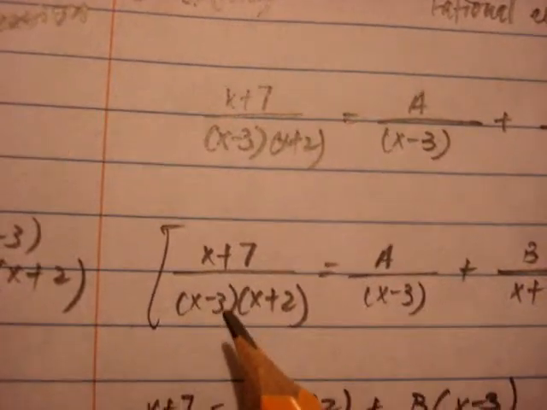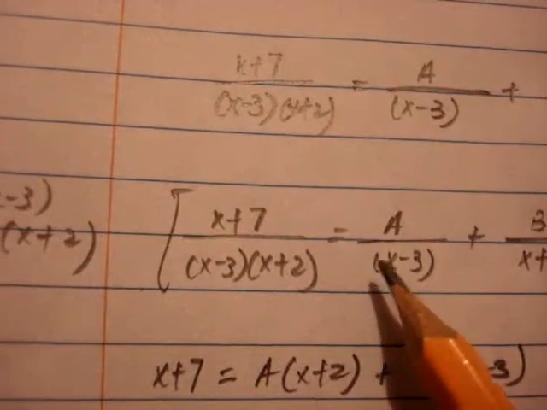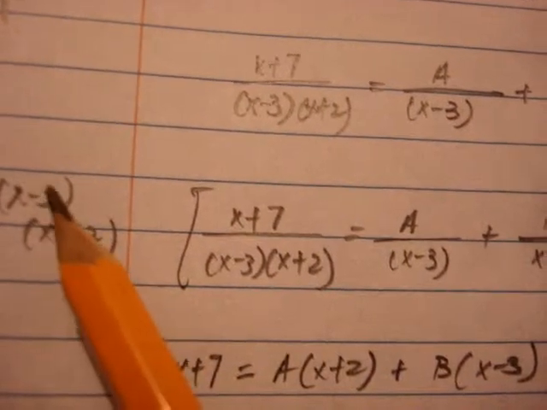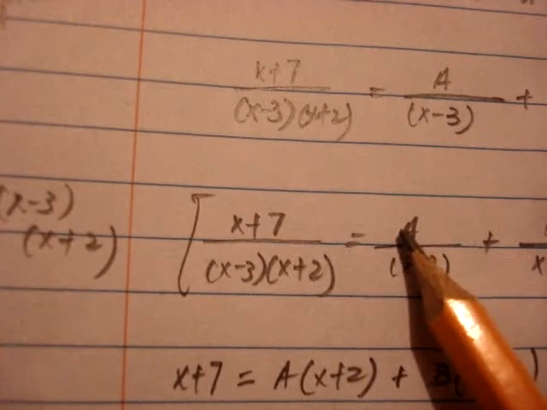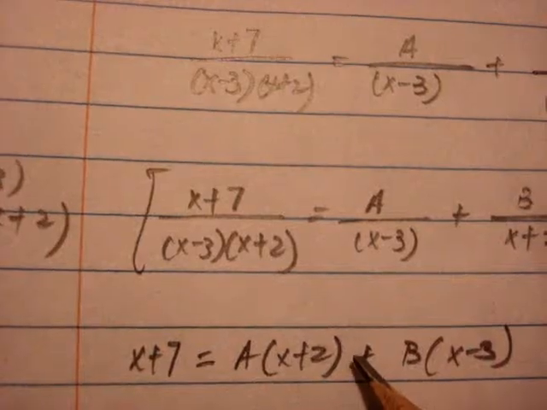So you're left with x plus 7 on the left, equals, as for the A right here, the x minus 3 cancels with the x minus 3. So the only expression left is A times x plus 2. Write the plus right here, the same thing.